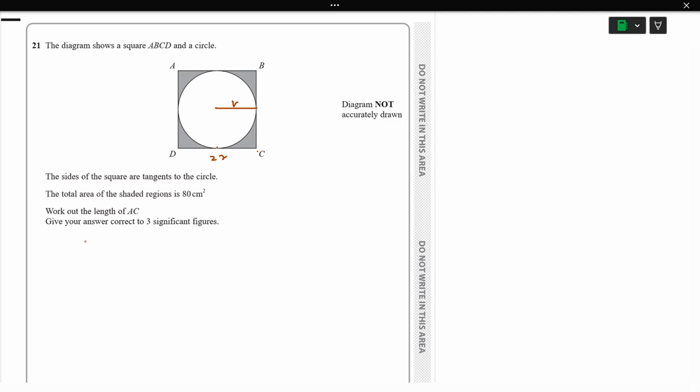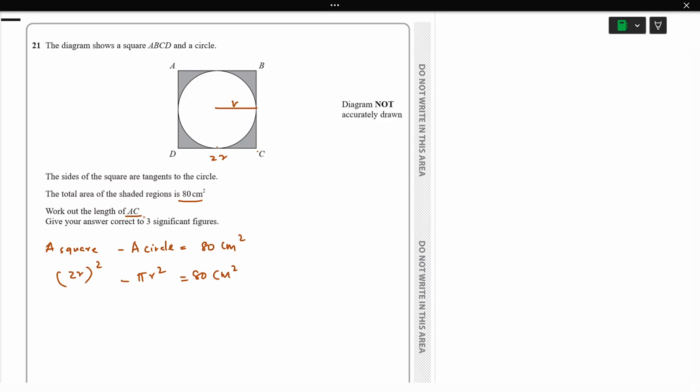Okay, so the total area of the shaded region means area of a square minus area of a circle, which is equal to 80 centimeters square. The area of the square, because now we know the side is 2r, is 2r whole square minus pi r square equal to 80.